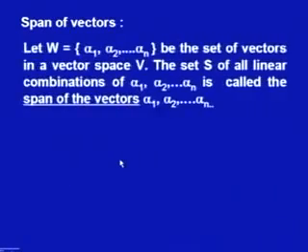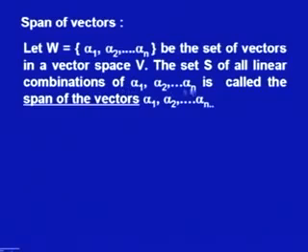Now, the next definition is span of vectors. Let us say we have been given a set W of vectors alpha 1, alpha 2, up to alpha n in a vector space V. Then the set S of all linear combinations of alpha 1, alpha 2, up to alpha n is called the span of vectors alpha 1, alpha 2, up to alpha n.